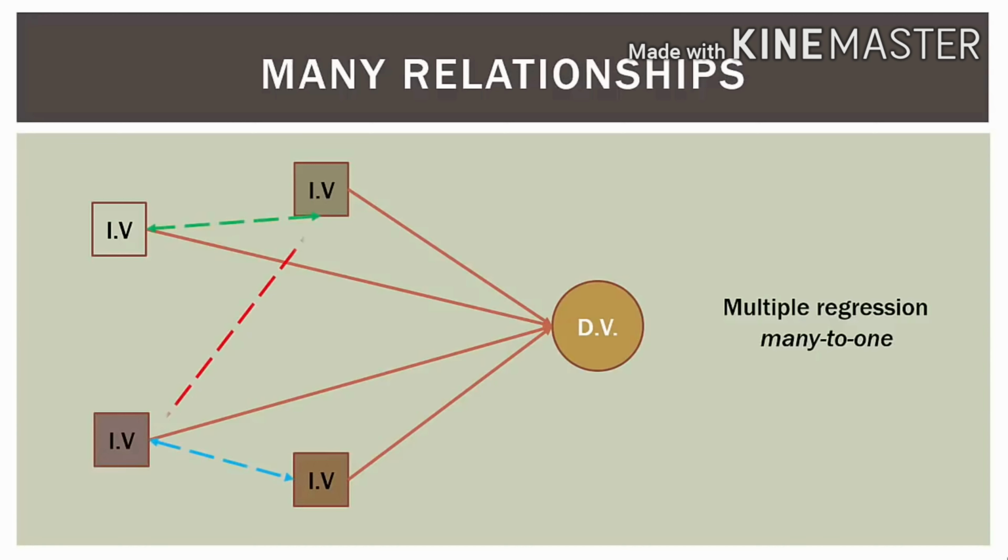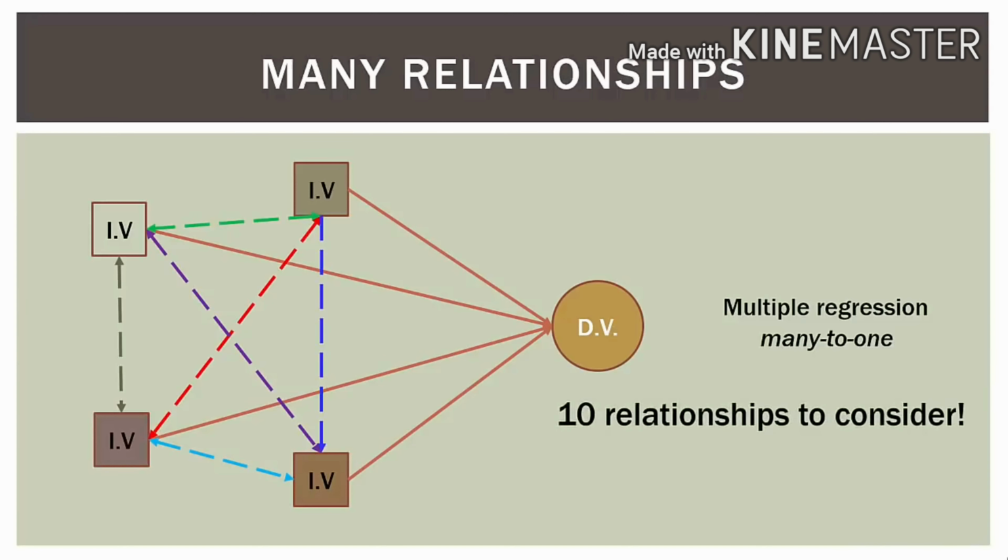We have to account for all the relationships between the independent variables. And that's 6 more. So now, with 4 independent variables and 1 dependent variable, we have 10 relationships we have to consider.